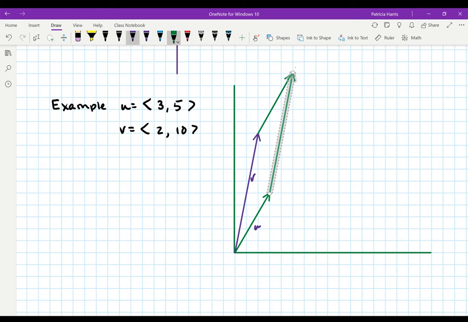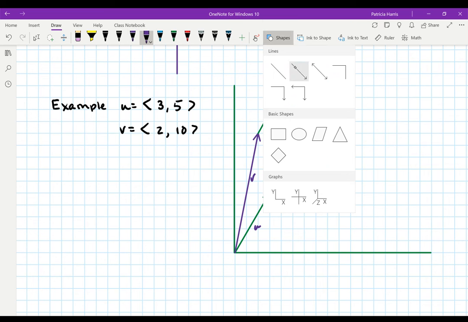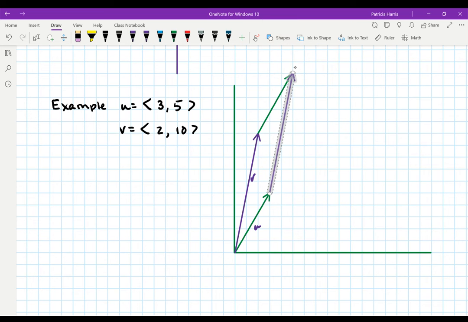Okay. All right. Now, if I draw the diagonal, it should wind up where my resultant vector is. Right there. Okay.